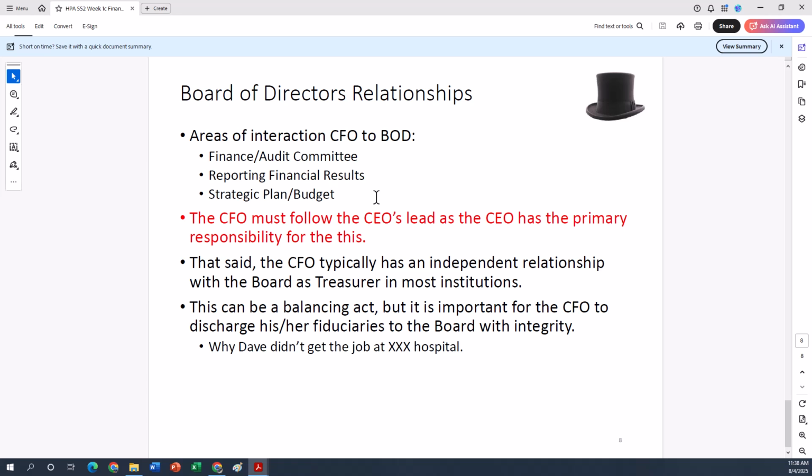It could be somewhat of a balancing act, but in all things, you have to maintain your integrity. It can be tricky. You have to exercise your fiduciary duty with integrity, yet at the same time, not openly war with the CEO, if we can put it that way.